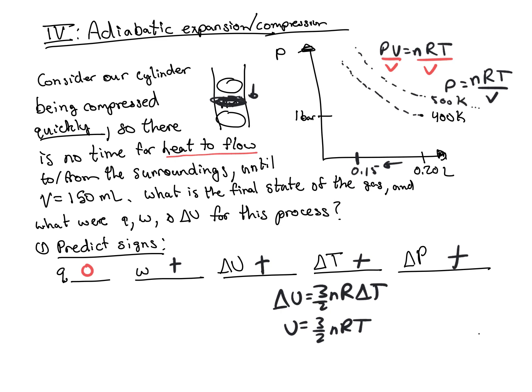We haven't calculated that, but we have to go from the 400 Kelvin isotherm to some new higher isotherm. So it's got to be something maybe like that, where we're increasing the temperature, which we can see by the fact that we're moving off that 400 Kelvin isothermal line, going to some new higher temperature here. Maybe up here is the final state.